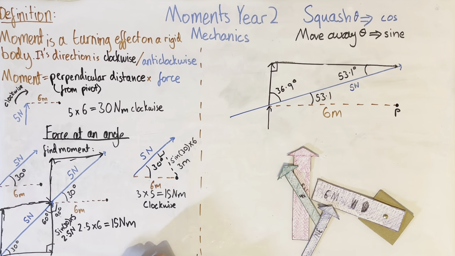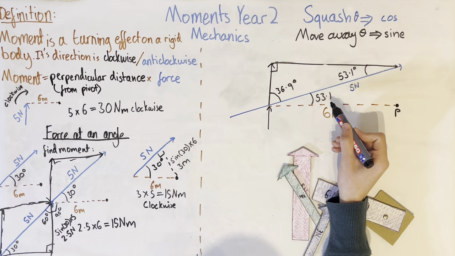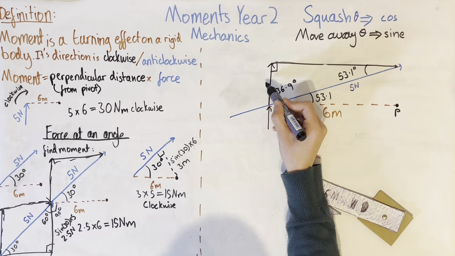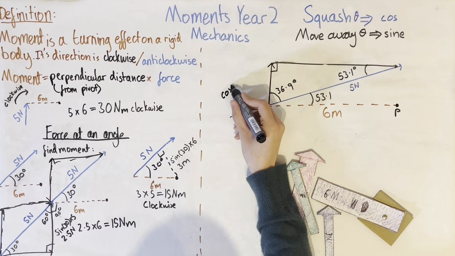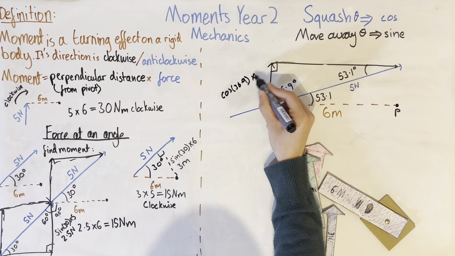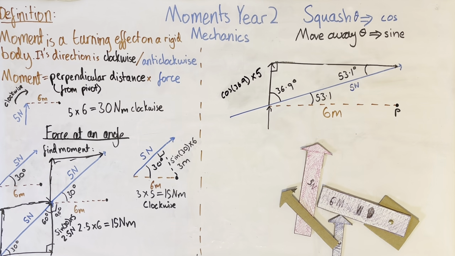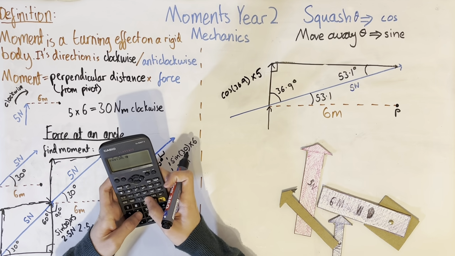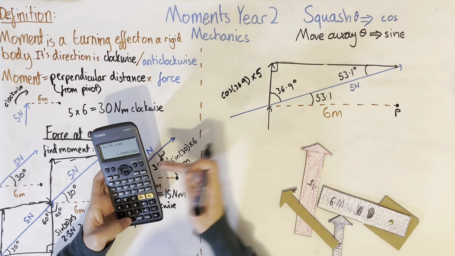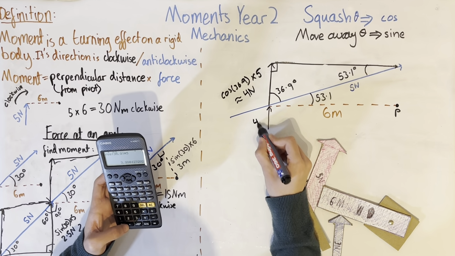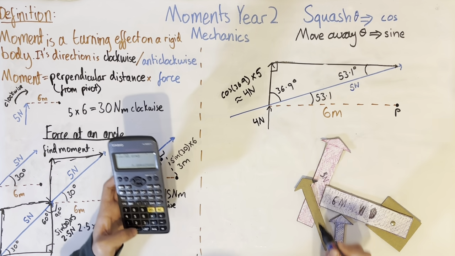So we can do cos: we take this as the hypotenuse and this as the adjacent, so cos 36.9 times 5. Let's get our calculator out. Cos 36.9 times 5 is about 4 newtons. So that's 4 newtons upwards, just like that.